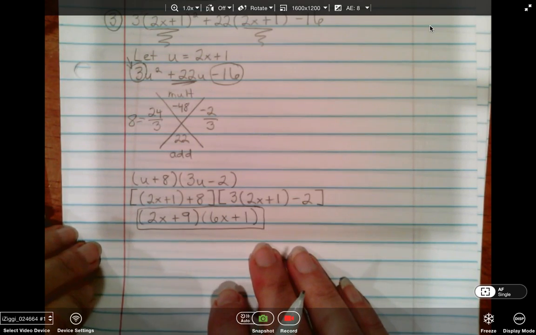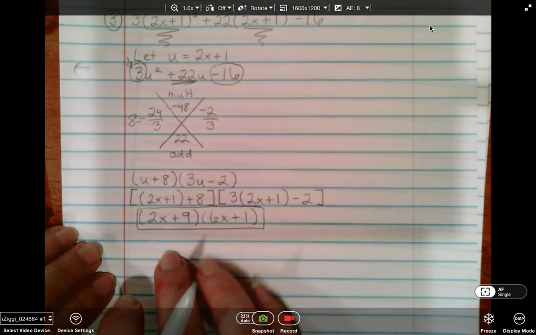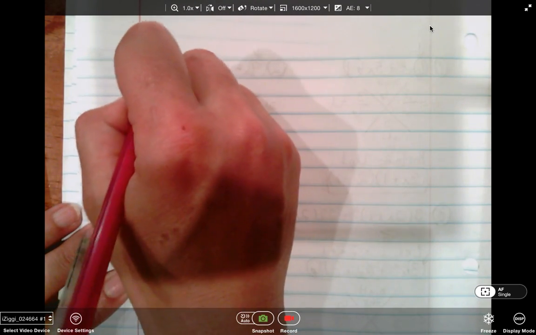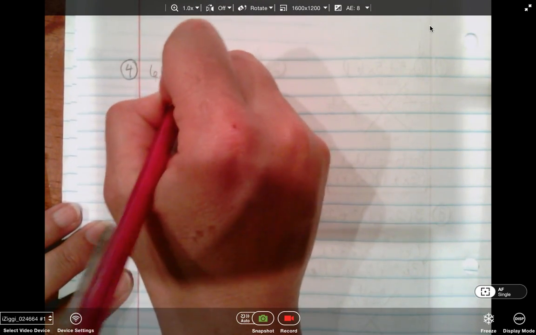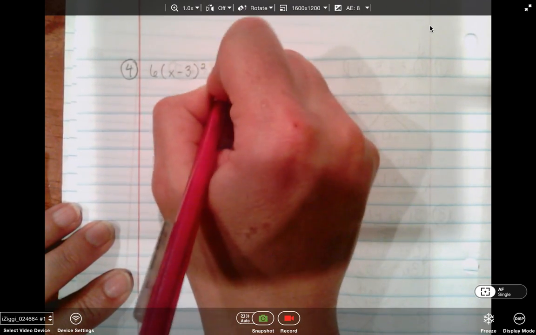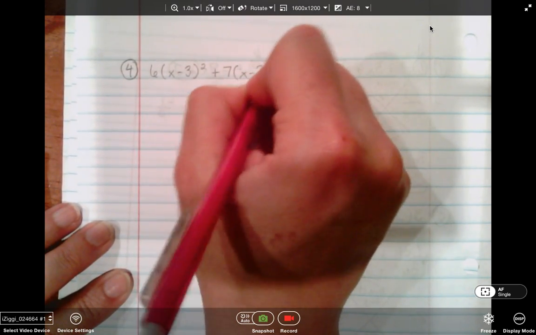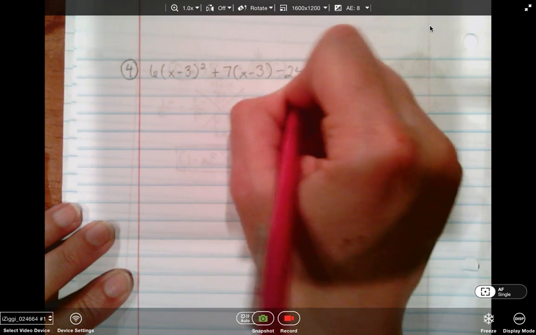Okay, let's look at one more of these substitution type problems. We're going to have 6 times x minus 3 squared plus 7 times x minus 3 minus 24.